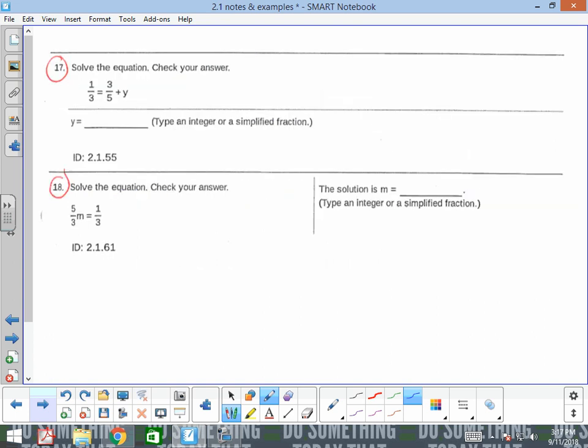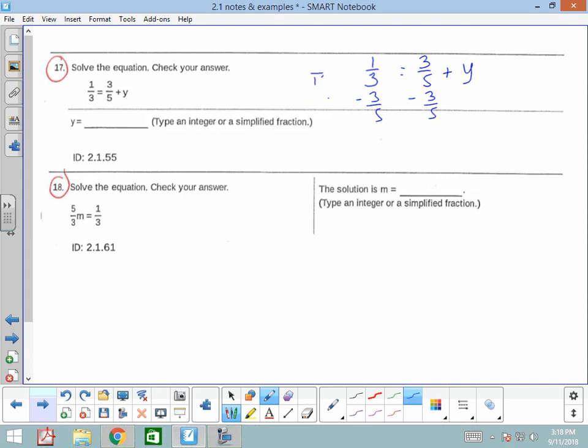All right, a few more. Number 17, dealing with fractions. But this time, whoops, I wrote it wrong. But this time we're not multiplying because this is 3/5 plus y. So I got to subtract 3/5 from both sides. So I need to get common denominators, which will be 15. So this one's going to be 15, and this one's going to be 15.